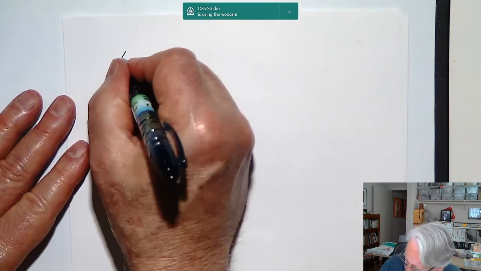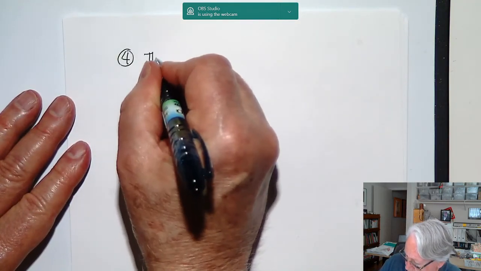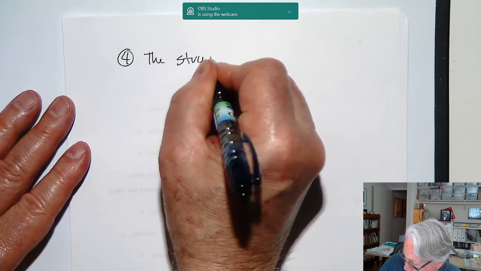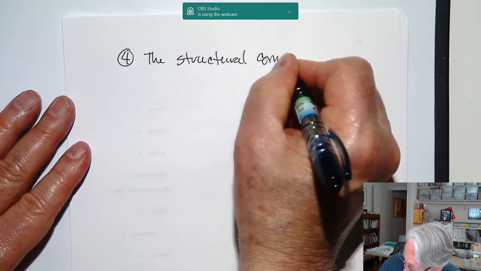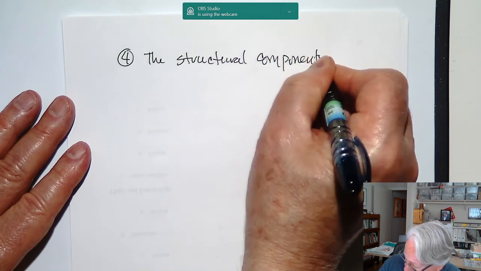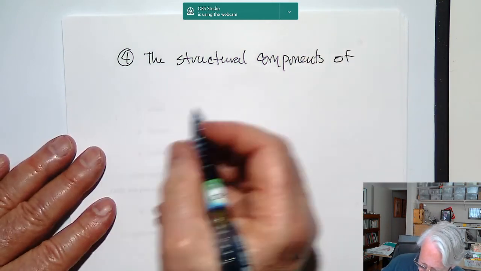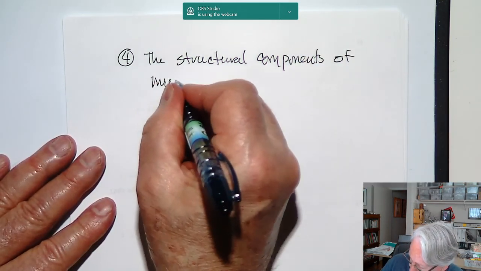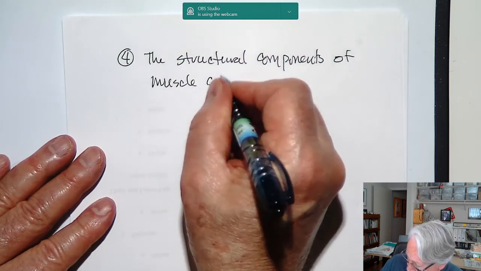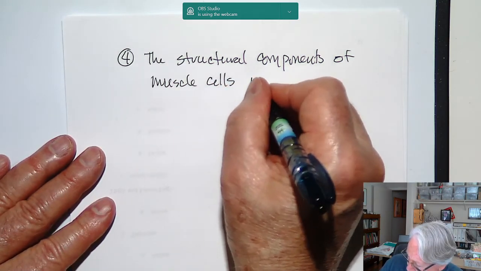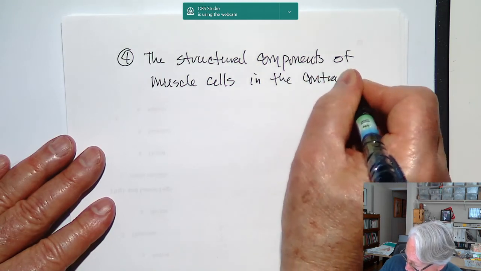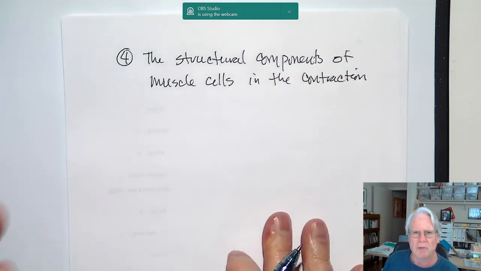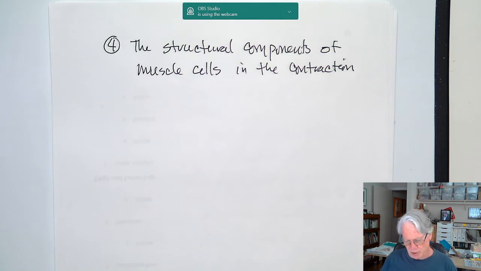So this would be number 4, the structural components of muscle cells in the contraction, or being used in the contraction, however way you want to make it.